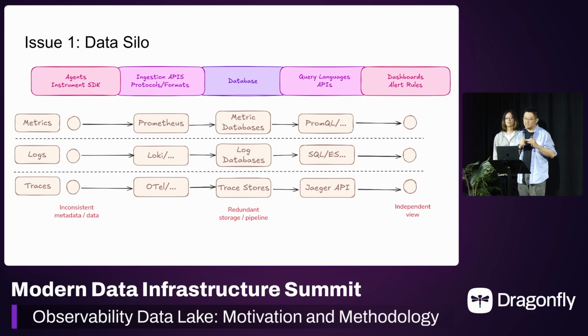Actually, I think at the moment, people are using their own brain to join all this data together. There is no major application that can join traces, metrics, and logs at the moment. This is issue one, the data silo issue.